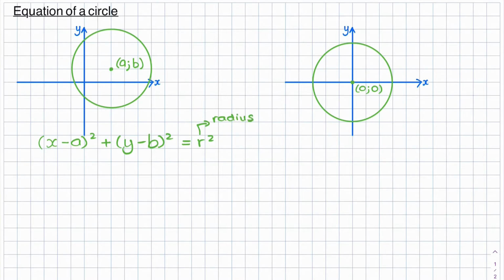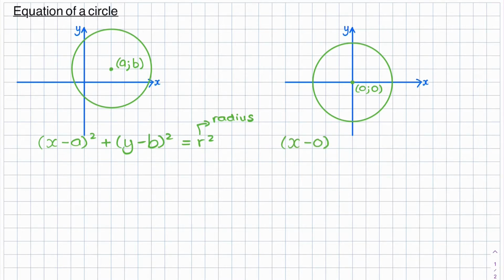And this formula should be familiar in the sense that it looks like the formula for distance, which we learned in grade 10. So let's have a look at a simple example where we're given a circle which has the center at the origin. We can substitute the values for the center into the formula.